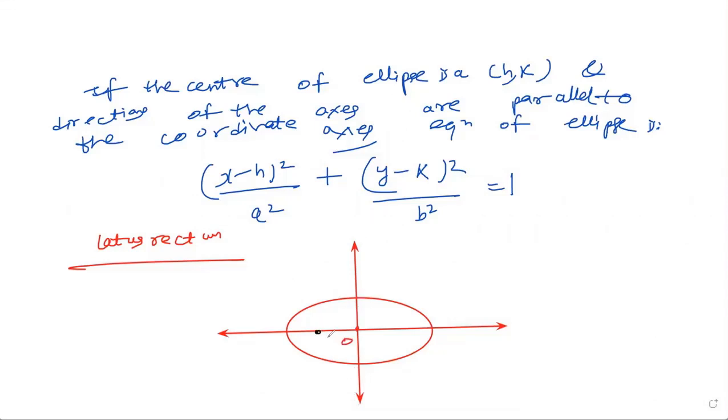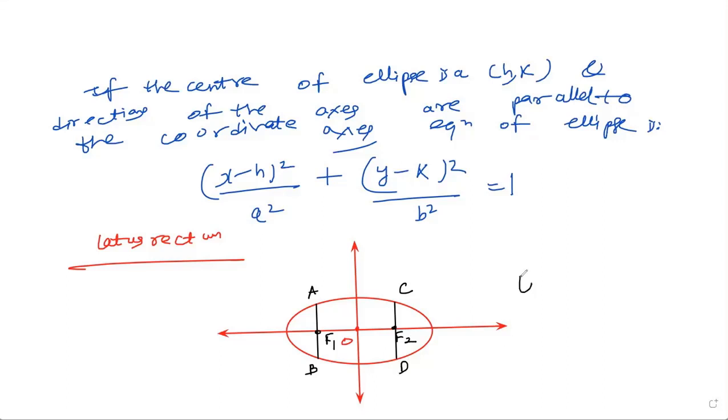These are the two foci basically. So if I take lines perpendicular to the horizontal axis in this case, passing through the foci, it's perpendicular to the axis and passing through the foci, then the two segments that we are getting, in this case AB and CD, these are the latus rectum.